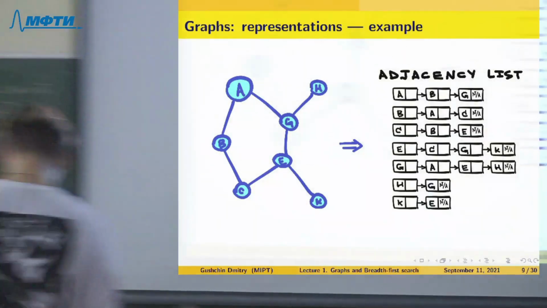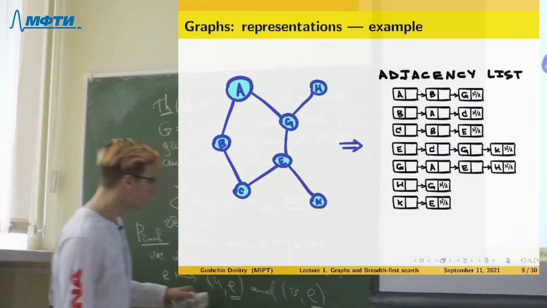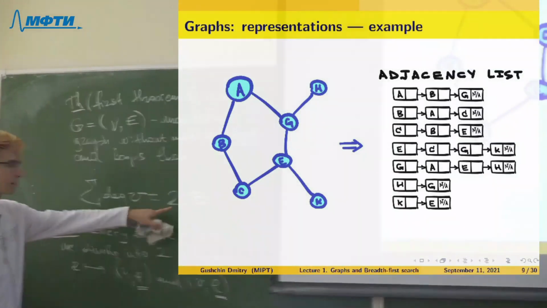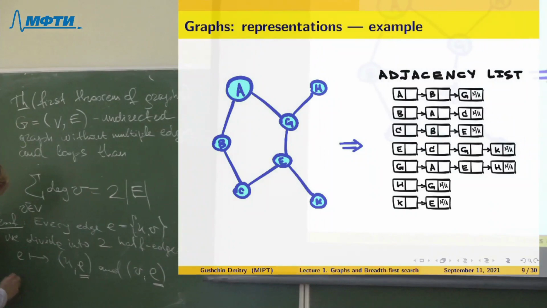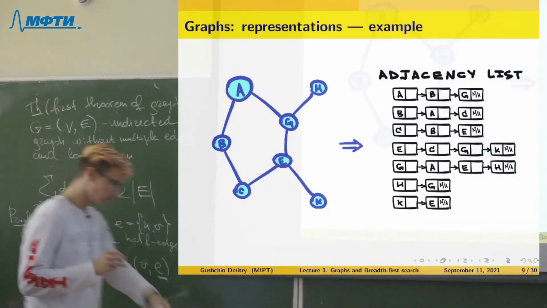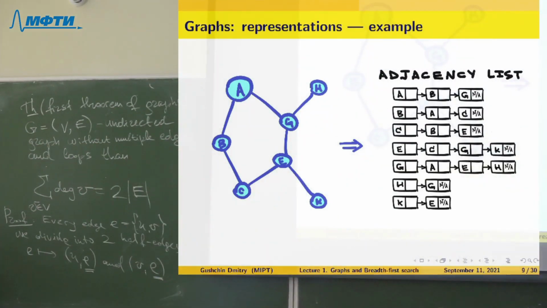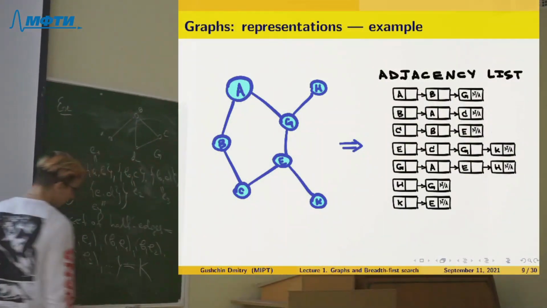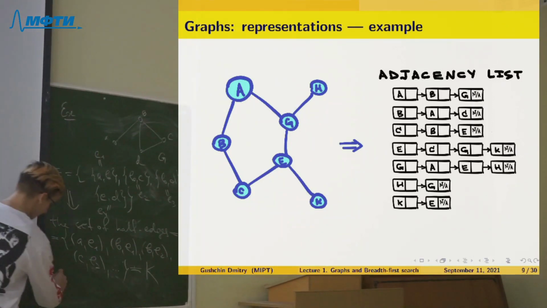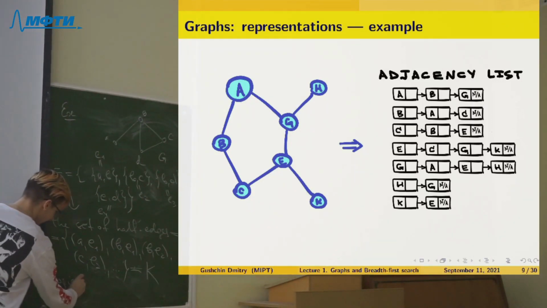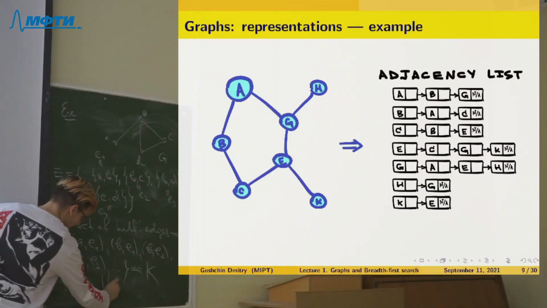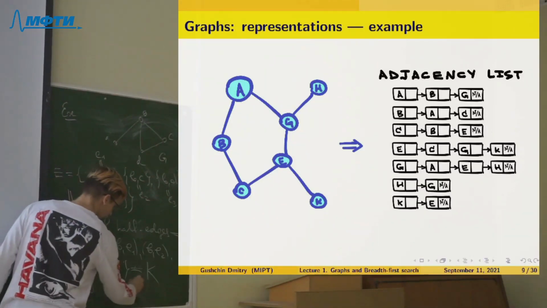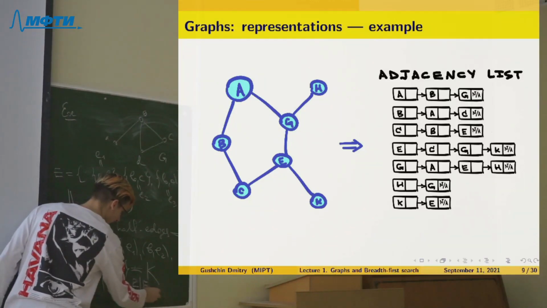So, what is the number of half edges? Logically, twice the edges. Yeah? Okay, this set will be K, for example, and logically the number of elements of K is equal to twice the number of edges.